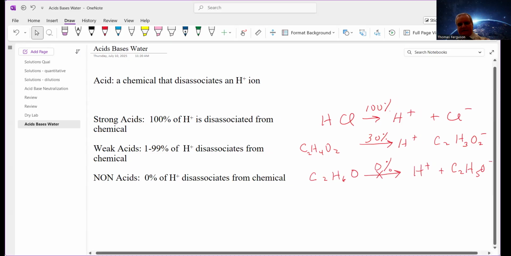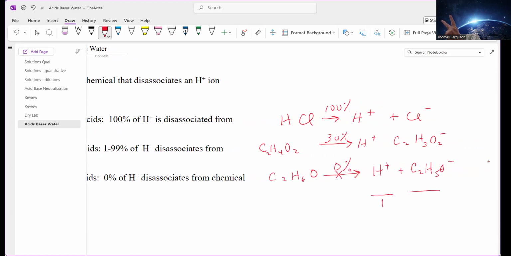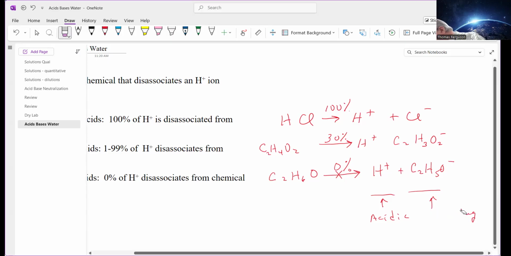Now so what happens after the acid dissociates? There are two parts. This part here is the part that makes it acidic. This part has a funny name. It's called conjugate base, but let me respell that.